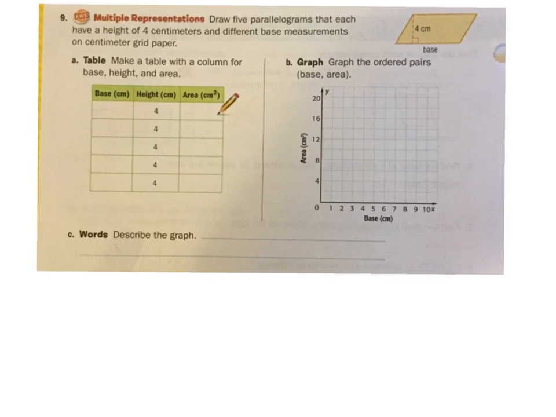Let me look at this. Here's my parallelogram. We have the height of 4 centimeters. So it's given us the height of 4 centimeters. Okay, that's the height. Here's the area. All my area is going to be there. And my base is going to be here.